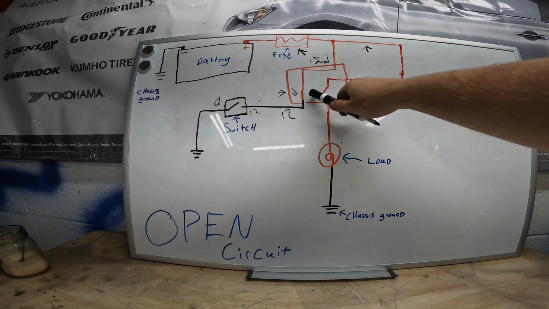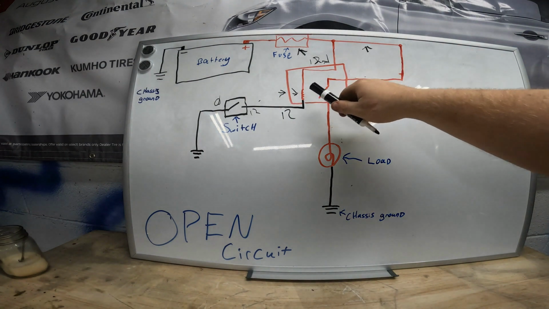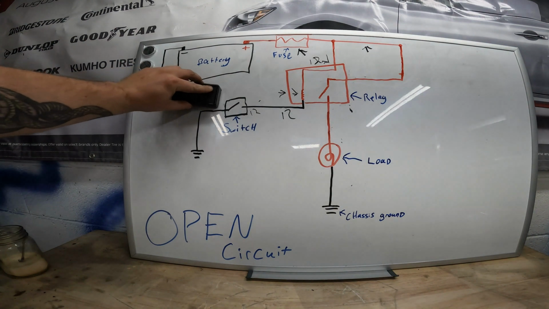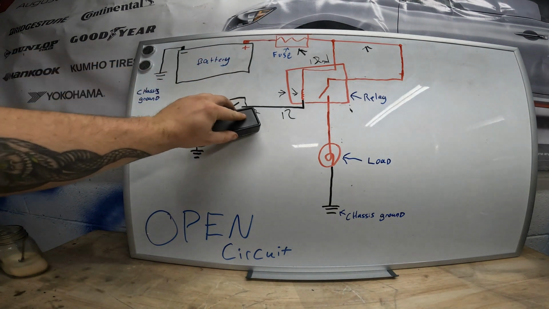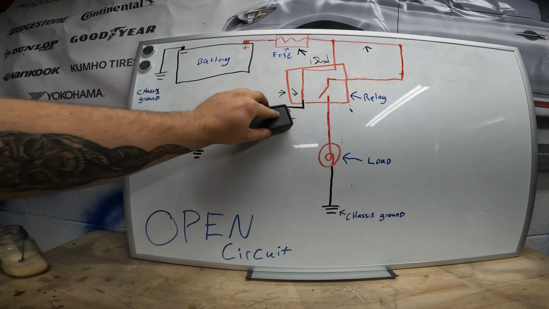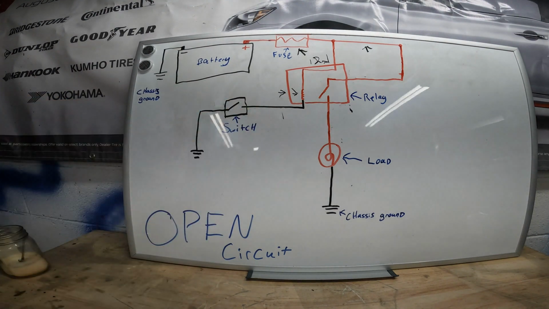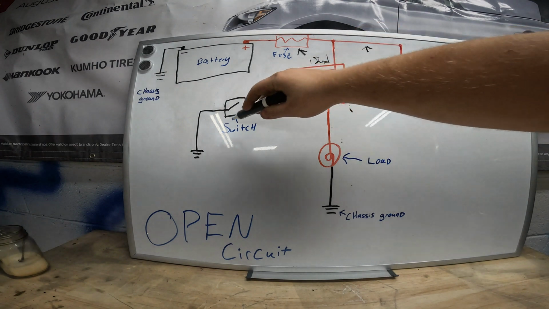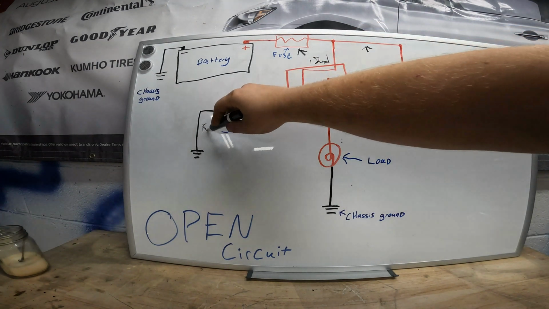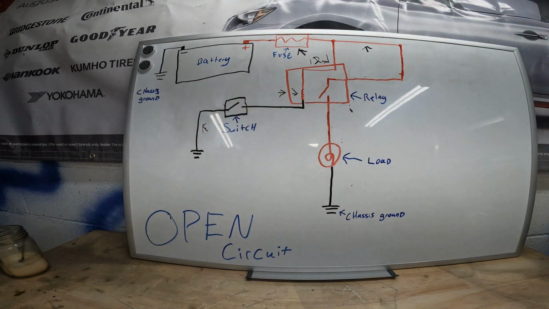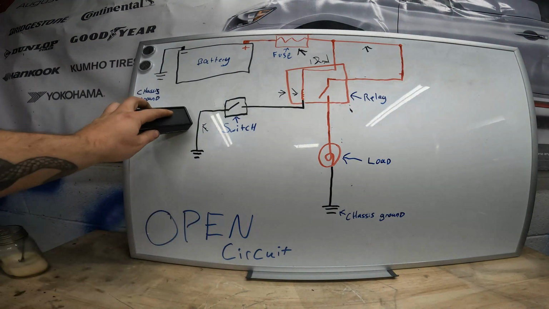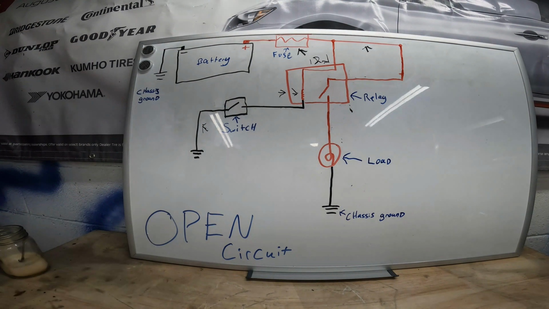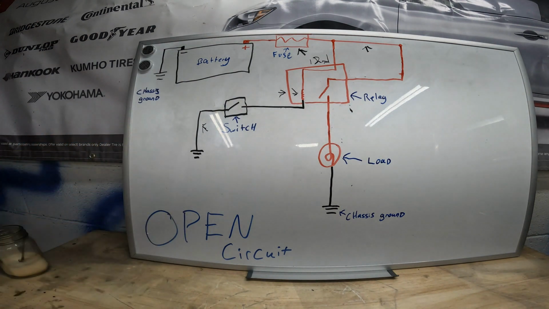Even though it's passing through a load, since it's not working, it's not using the voltage, so you will see available voltage there. And that'll be the same. You'll find available voltage on any open after here through the switch, and the switch is on. So if you have an open here, you'll see 12 volts all the way down until that open, and then it'll be 0 after it.